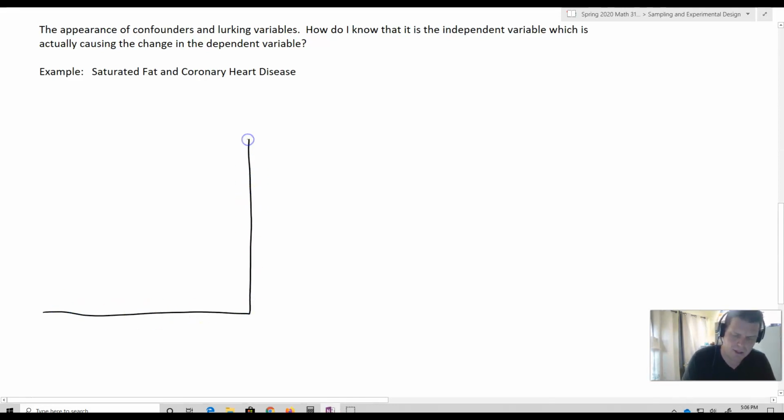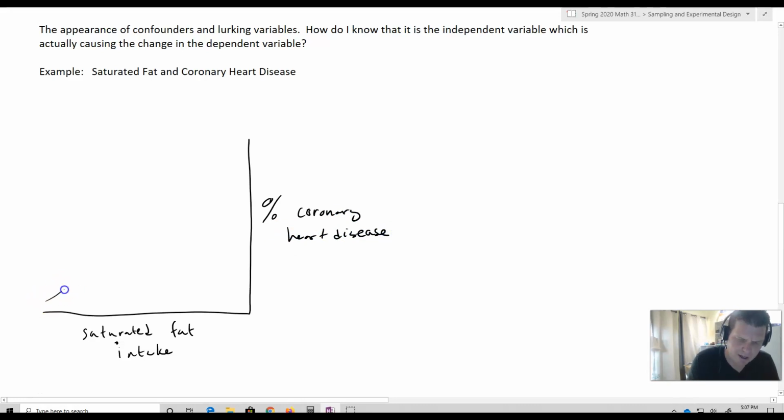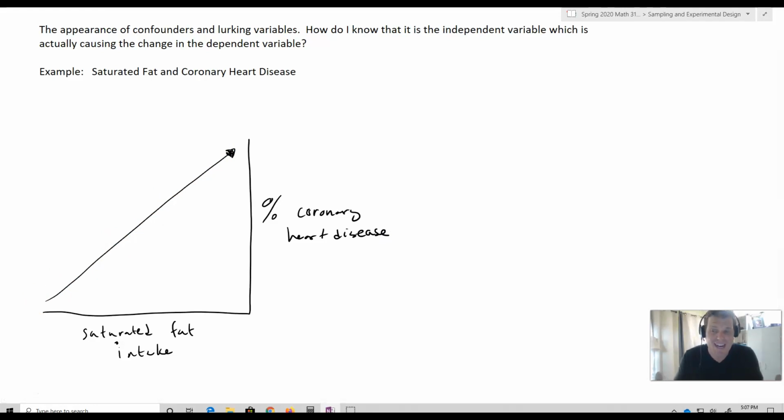So for example, we've got saturated fat intake, and then over here is percent coronary heart disease. And essentially that graph looked like that. As we increase saturated fat, there was an increase in coronary heart disease, which is fine.